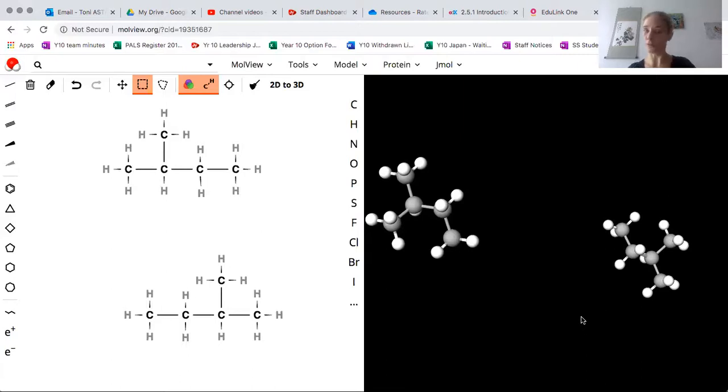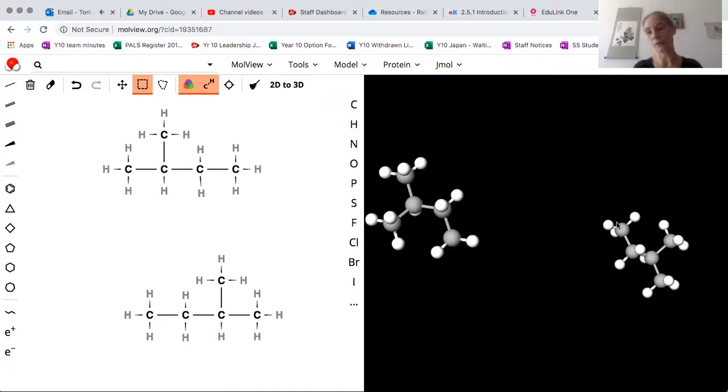So they're not isomers. Again, if we drew out the structural formula, in this one we would have CH3, CH bracket CH3, CH2, CH3, and then this one would end up exactly the same, CH3, CH, CH3 bracket, CH2, CH3. So these are not isomers of one another, they are just mirror images.